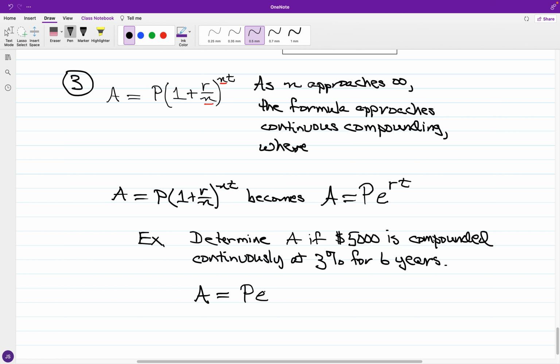Okay, so you have A is equal to P times e to the R times T. Again, we had the principal at $5,000. We have times E, and R is still going to be at 0.03. And the time span is for 6 years.